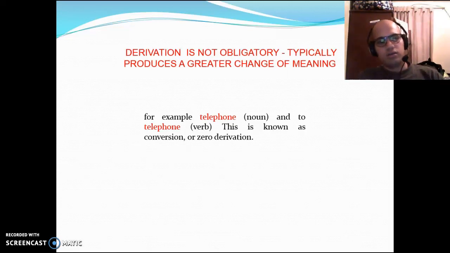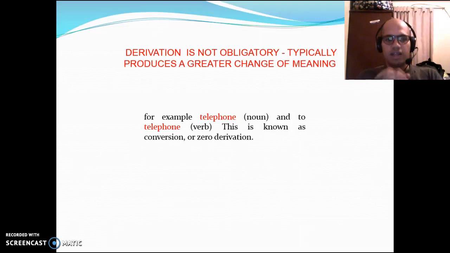Okay, right now we can also see derivation occur without any change of form, for example, telephone, noun, and telephone, verb.